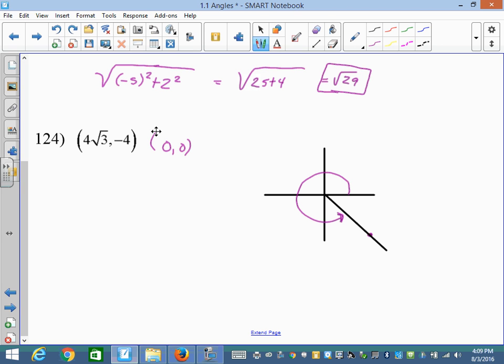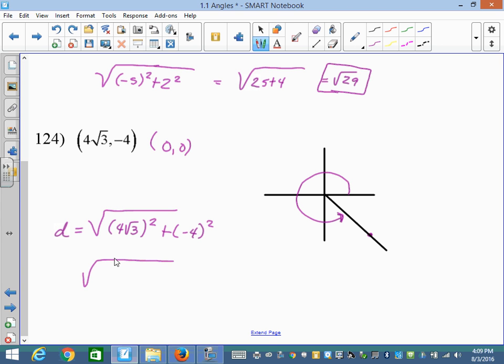At this point, you can pause it, see how you do, and then check back and see what your answer is. Okay, welcome back. So we do the distance formula. The distance r equals the square root of 4 radical 3 squared plus negative 4 squared.